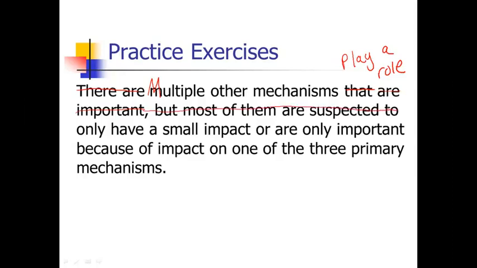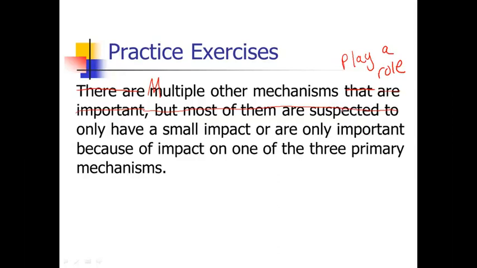And then we get "they either have a small impact, so therefore, they're not one of the three primary mechanisms, or their impact is working through one of the three primary mechanisms." Notice the repetition: the use of "impact" twice, the use of "important" twice.